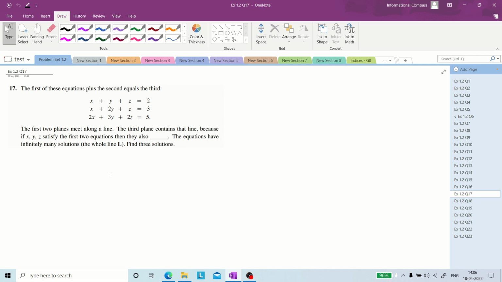Find the three solutions. So this is a question. Let's get started with it. I'll quickly start writing. We know the third equation is basically the sum of the first two equations, right? I hope my writing is clear.